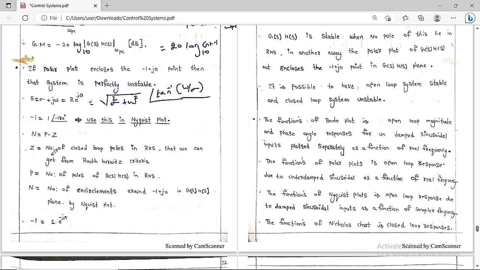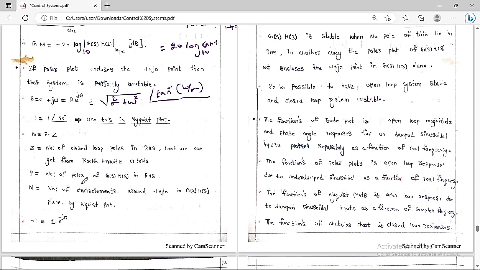So finally I can say N is equal to P minus Z, where Z indicates the number of closed loop poles, meaning the roots of the characteristic equation 1 plus G(s)H(s) equal to 0. These are the closed loop poles present in the RHS of the s-plane that we get with the help of the Routh-Hurwitz criterion.